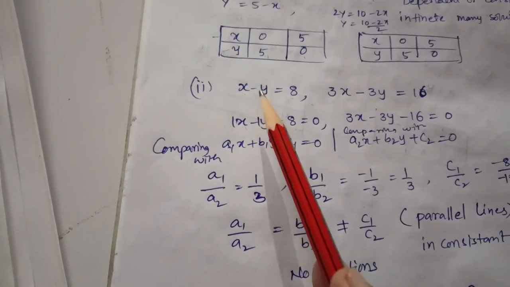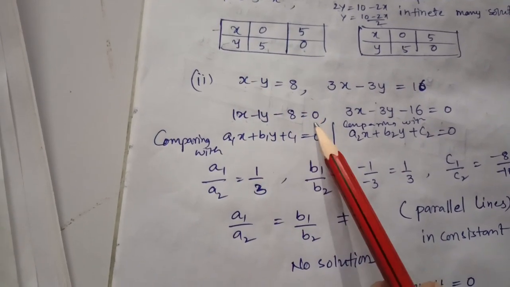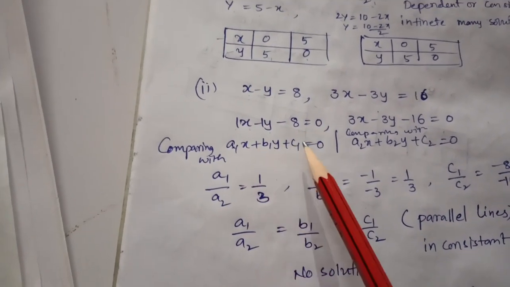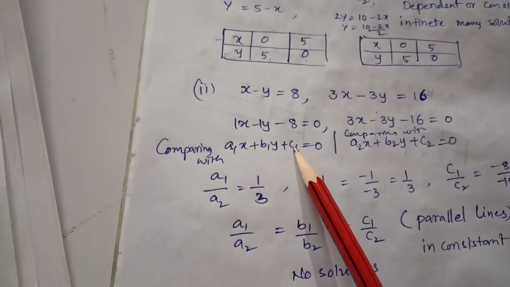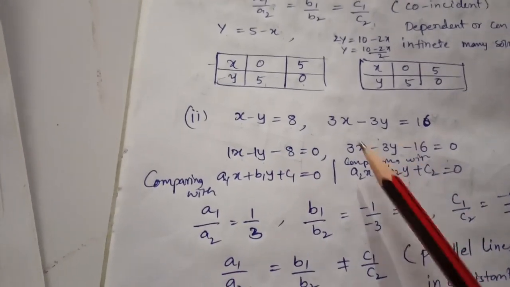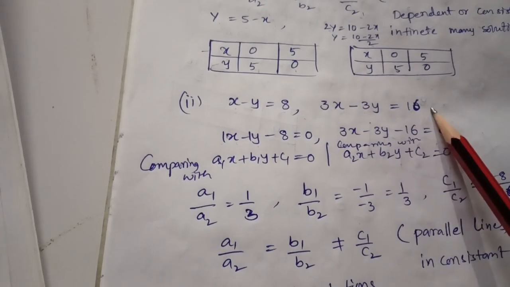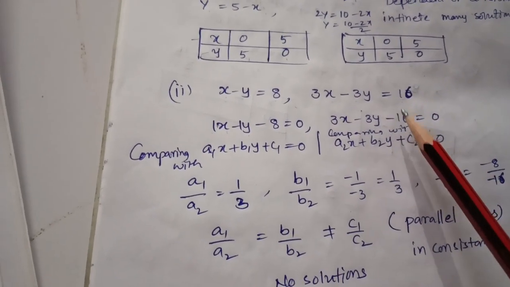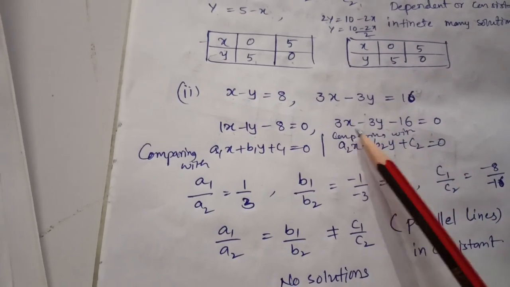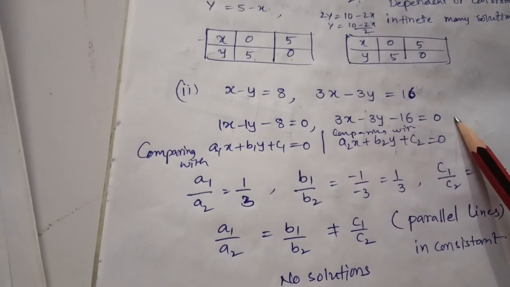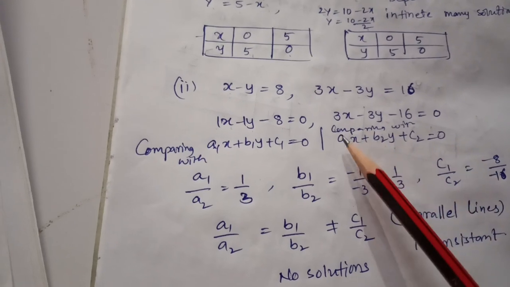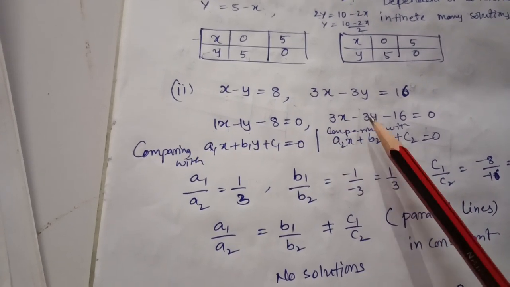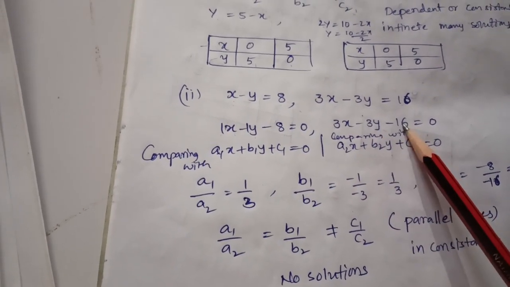Here, comparing x minus y minus 8 equals 0 with a1x plus b1y plus c1 equals 0, a1 is 1, b1 is minus 1, c1 is minus 8. Second equation, 3x minus 3y equals 16. Transposing 16 to LHS, minus 16. 3x minus 3y minus 16 equals 0. Comparing with a2x plus b2y plus c2 equals 0, a2 is 3, b2 is minus 3, c2 is minus 16.